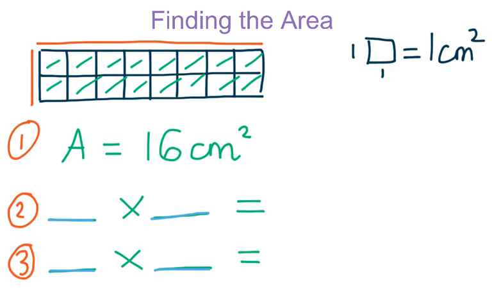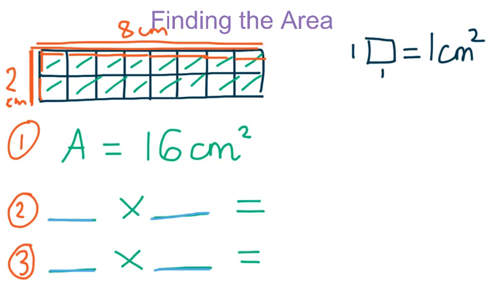Now, for my multiplication to find the area, I am going to work out the length. So this side is 2 centimetres. Squeeze the centimetres in there. And along the top, we have 1, 2, 3, 4, 5, 6, 7, 8 centimetres.